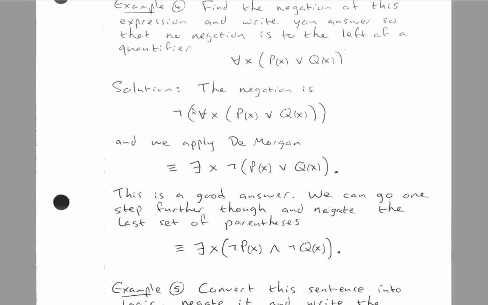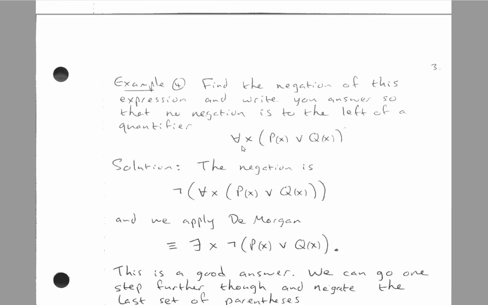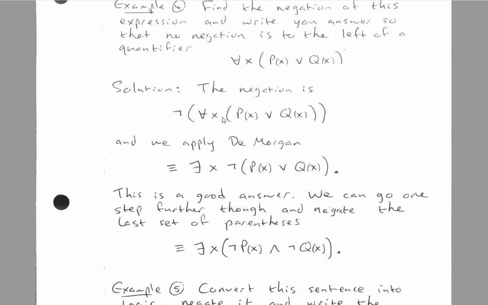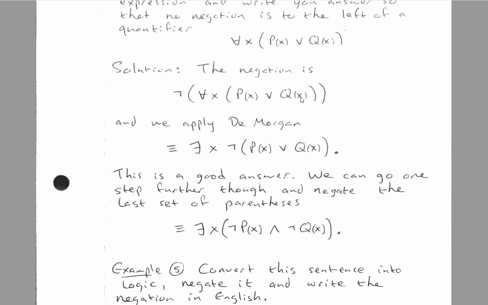Just put a not outside with parentheses, and then hit it with De Morgan's first law here. Okay, so this is equivalent to there exists an x so that not p of x or q of x.